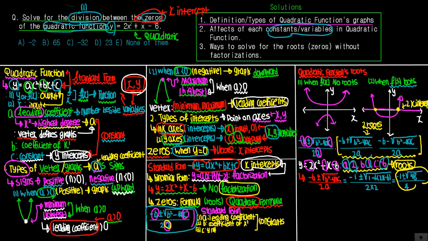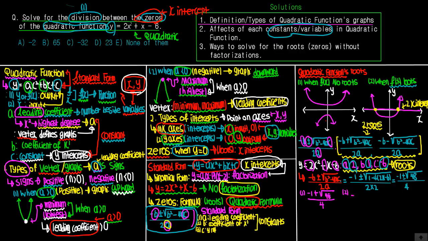But as we can see, we need to also count the plus or minus. So if we write our 2 terms, the first root will be negative 1 plus the square root of 48, all of them over 4. And what is our second root?